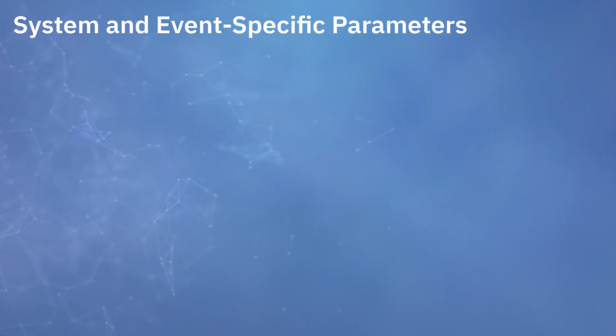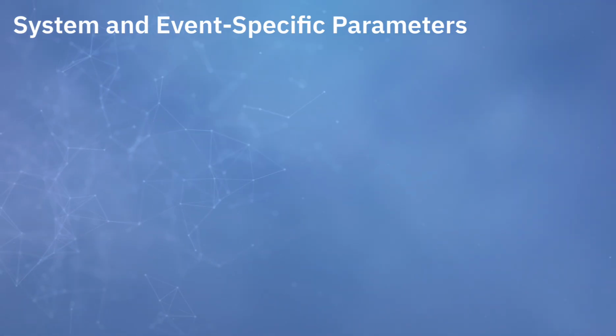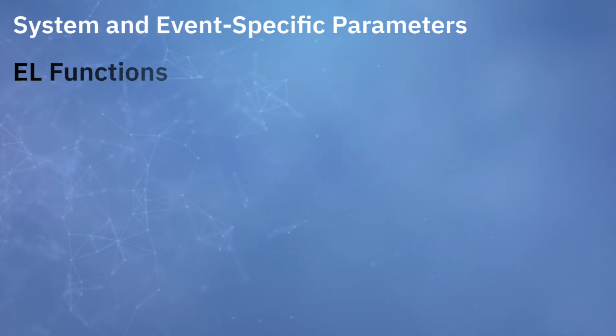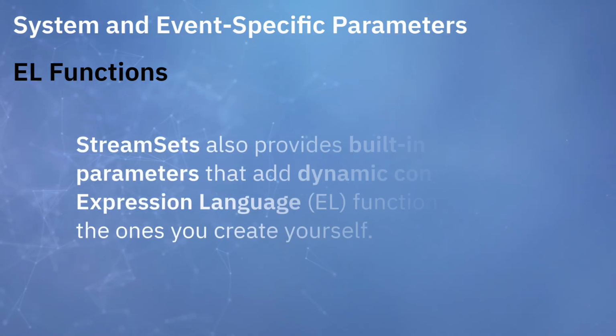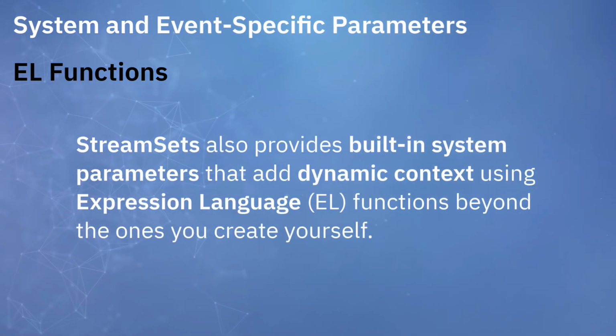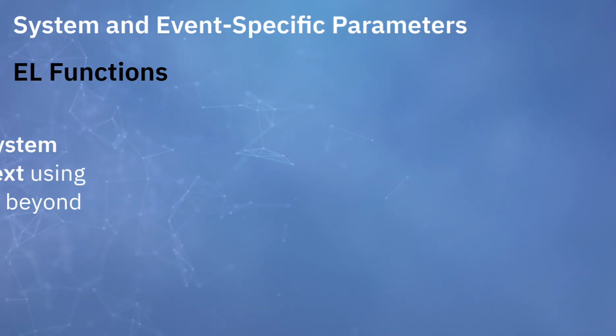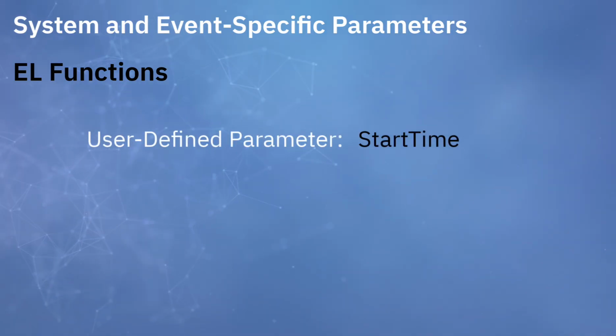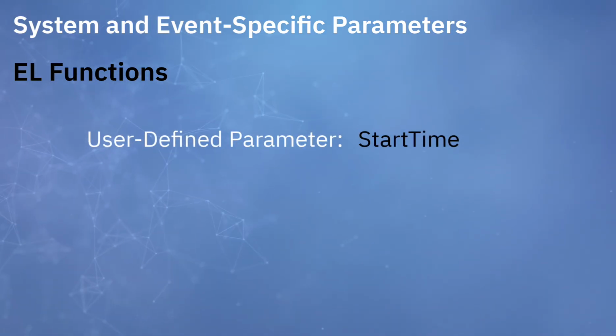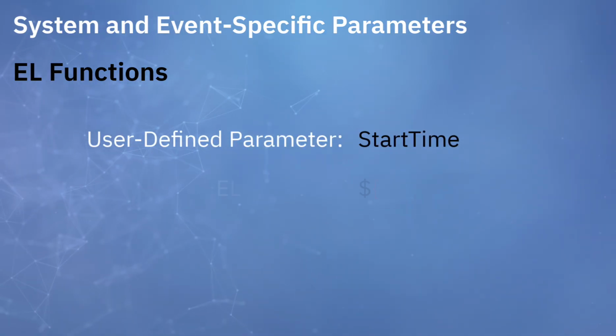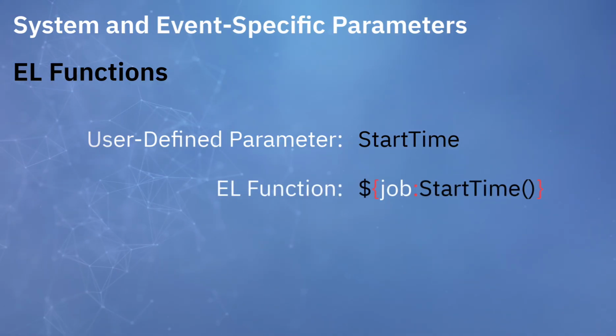Next, let's look at system and event-specific parameters. These exist at the Control Hub or engine level. Beyond the parameters you define yourself, StreamSets also provides a set of built-in parameters. These are often used within expression language functions to add dynamic context during runtime. For example, you can set a job-level override that assigns a value to a parameter named start time using the function as shown here.